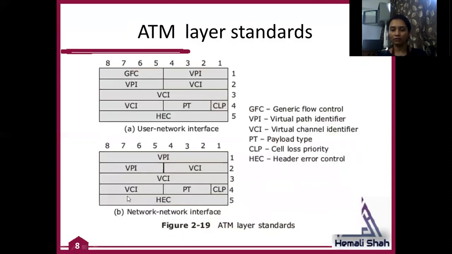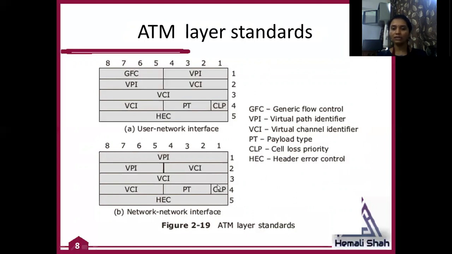So here is the octet field of the UNI interface standard. It has a 4-bit GFC field. The VPI, virtual path identifier, and the VCI, virtual channel identifier, are common in both standards. All other things are common in all the standards. HEC, header error control, is a total of 8 bits for error control of the header. CLP is the cell loss priority bit.